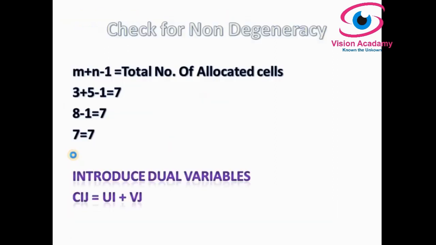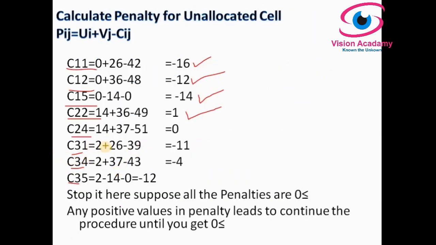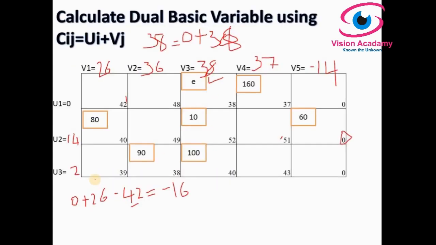And next C31, let's go here. U3 value is 2, and V1 value is 26, and Cij is 39. So 2 plus 26, 28, minus 39, the value is minus 11. And C34, U3 value is 2, V4 value is 37.